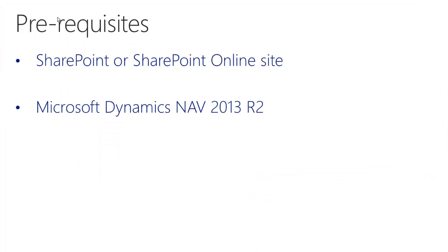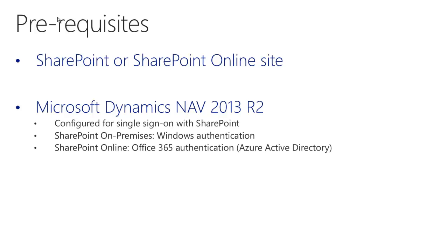It is important that you have configured SharePoint and NAV to have single sign-on, meaning that if I sign in to SharePoint and then go to the NAV web client, I'm automatically signed in, and vice versa. If you're using SharePoint on premises, then the natural choice for NAV is to use Windows authentication. And if you're using SharePoint Online, then the natural choice for NAV is to use Office 365 authentication.